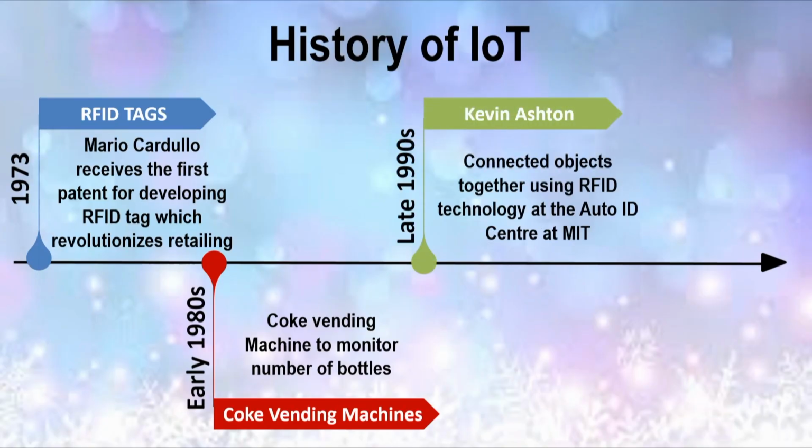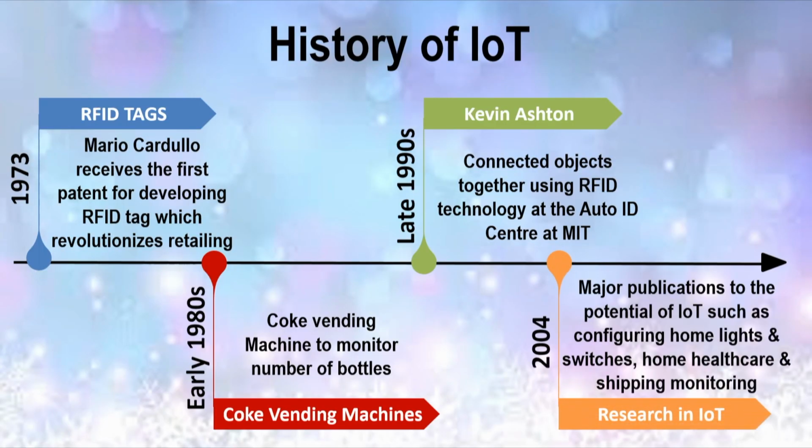In 1990s, Kevin Ashton took the advantage of RFID and they have connected all the objects in the Internet with the help of RFID. In 2004, major publications and researches have been developed in case of IoT, and all the home lights, switches, street lights, home healthcare and shipping monitoring, they have used this IoT.